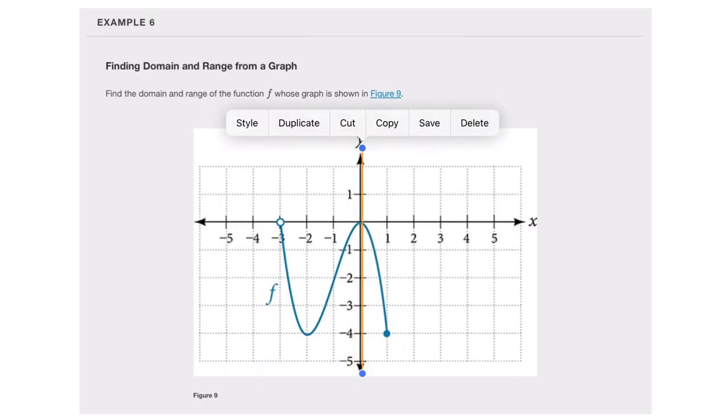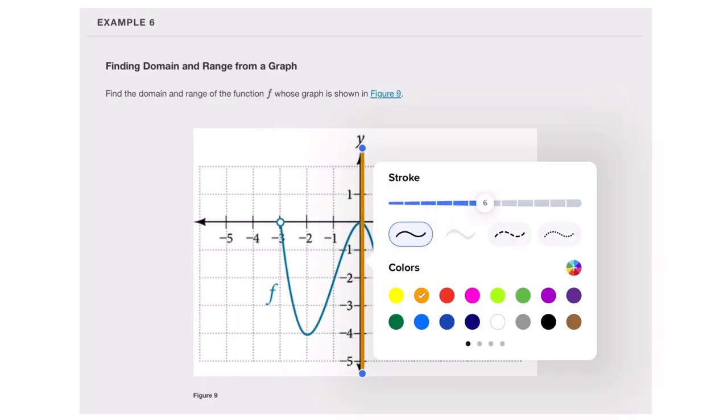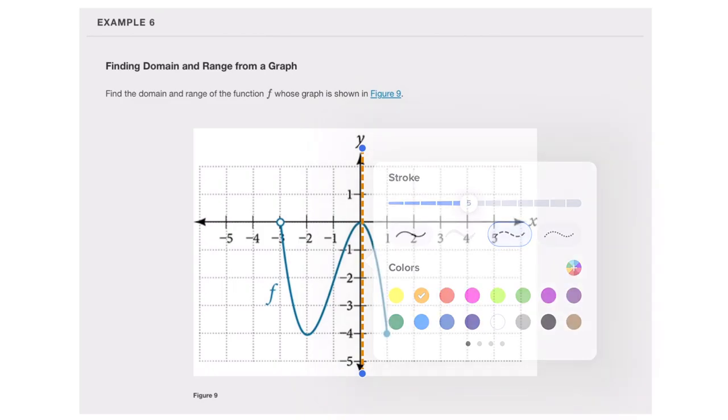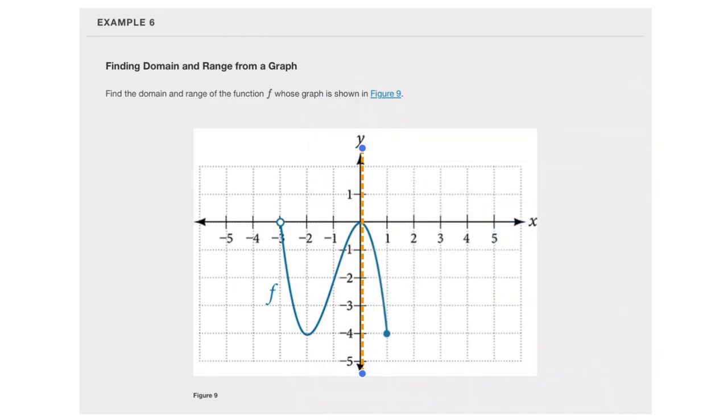How far left does it go? The far left, it gets infinitesimally close to -3. And then how far right does it go? It goes all the way to 1 and includes 1. So then the domain of this guy, it should go from -3 to 1.